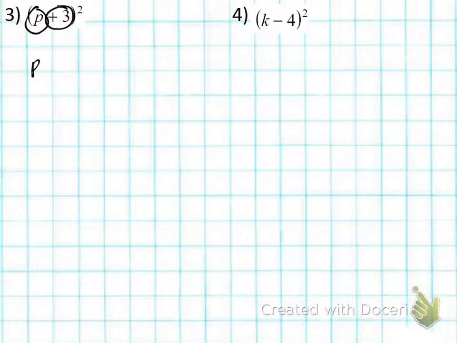Okay, so A squared is p squared. And then we have to think 2 times B is? 6 times p is? 6p. And then 3 squared is? 9. Plus 9.